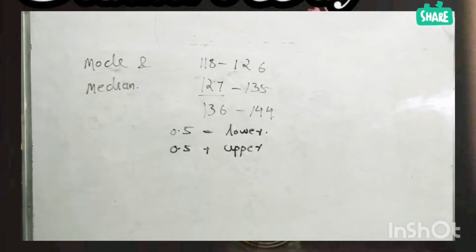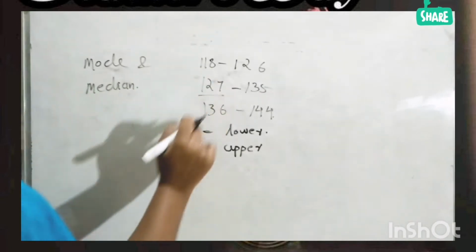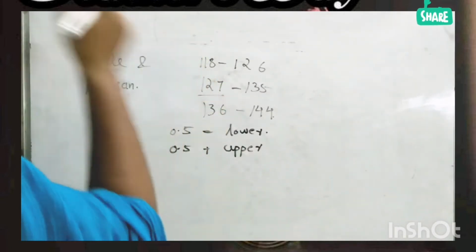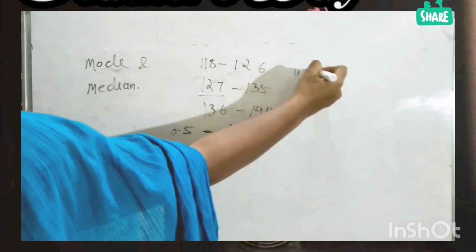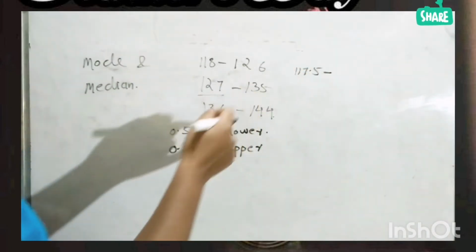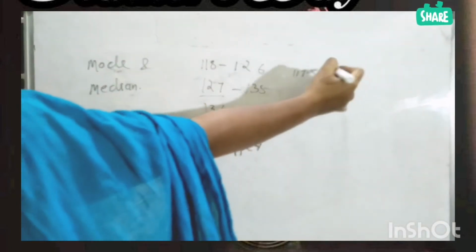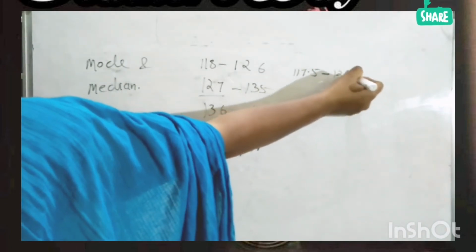If we subtract 0.5 from the lower limit 118, we get 117.5, and adding 0.5 to the upper limit 126, we get 126.5.